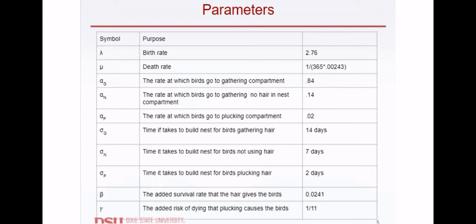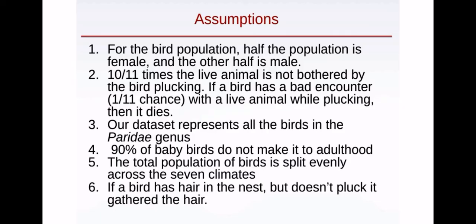We use those confidence intervals with the lifespans to find the average lifespan of each bird. And so then from there we could say how long they live and find a death rate for those. Then we could find how long birds with hair or birds that pluck live, and that's the added survival rate. Before we go into the results, we will explain the assumptions we made for this model.